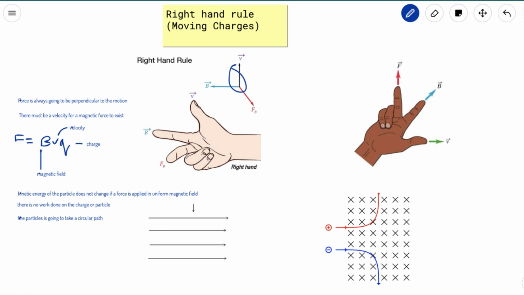So thumb is going to be the direction of motion, your index finger is going to be the direction of the magnetic field, and it's going to be perpendicular.